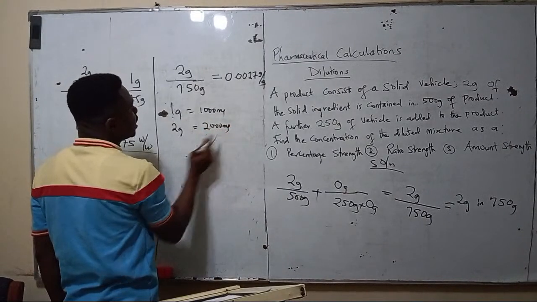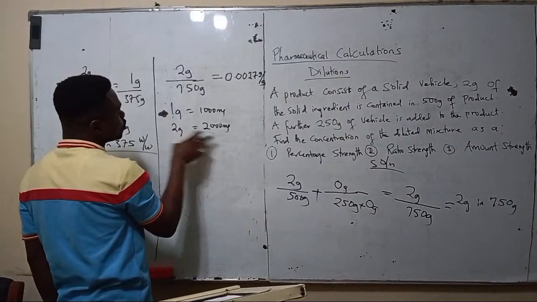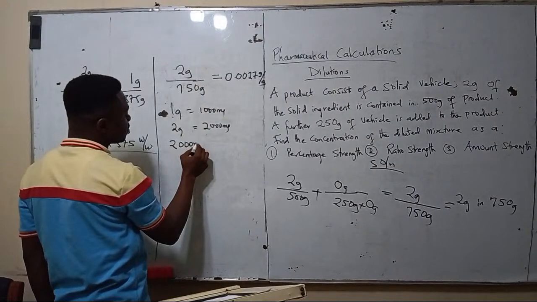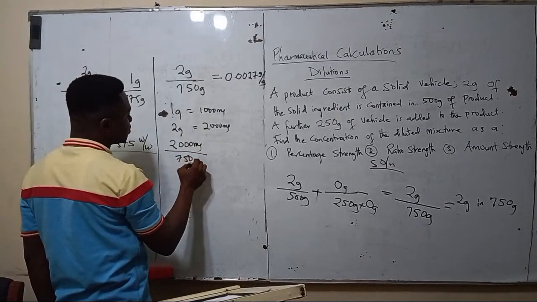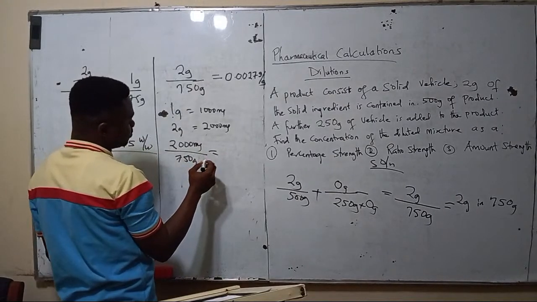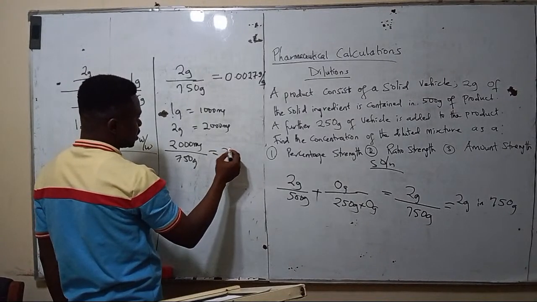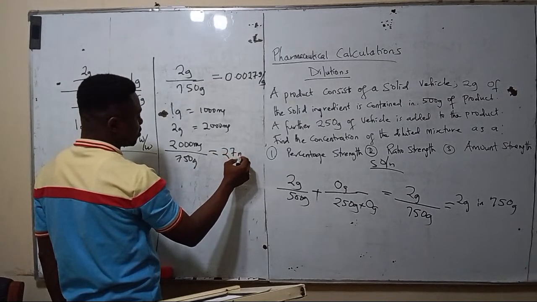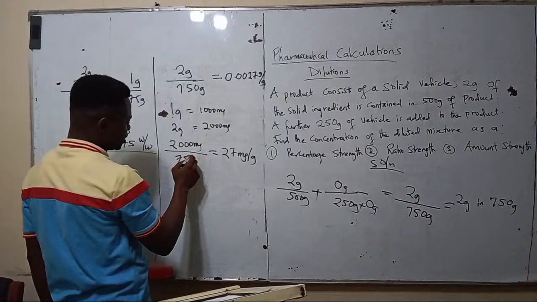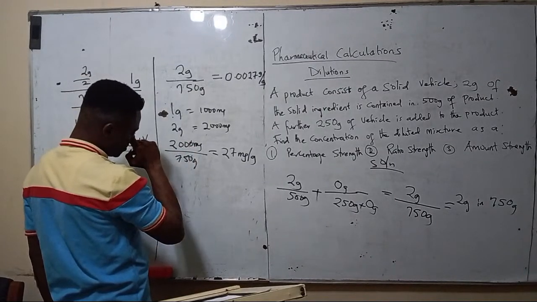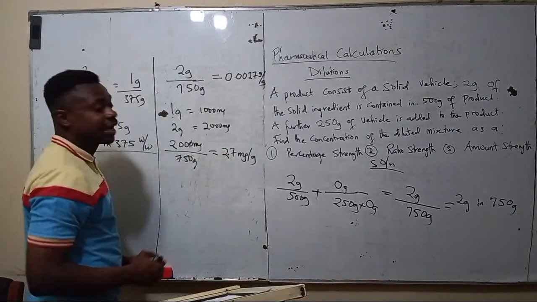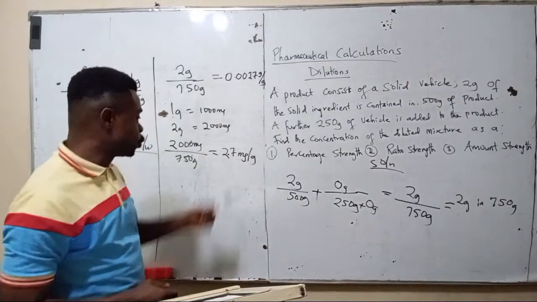If we substitute 2,000 milligram for 2 grams here, we have 2,000 milligram over 750 grams, which is roughly 2.7 milligram per gram.